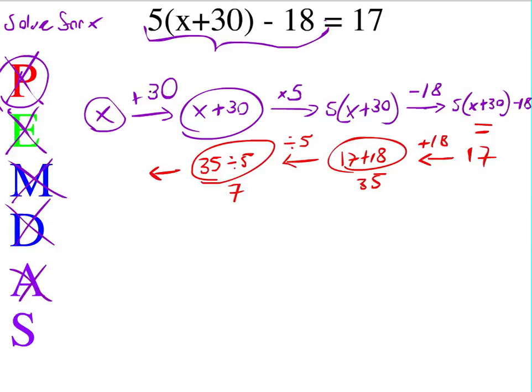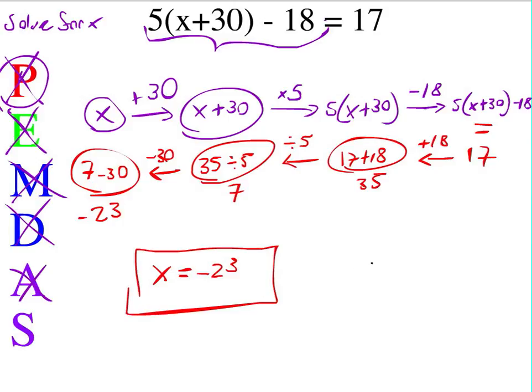We have our last operation, which is adding 30. So the inverse is subtracting 30. And so we have 7 minus 30, and this turns out to be negative 23. Now, since we don't have any more operations, this is going to be our final answer. So x is equal to negative 23.